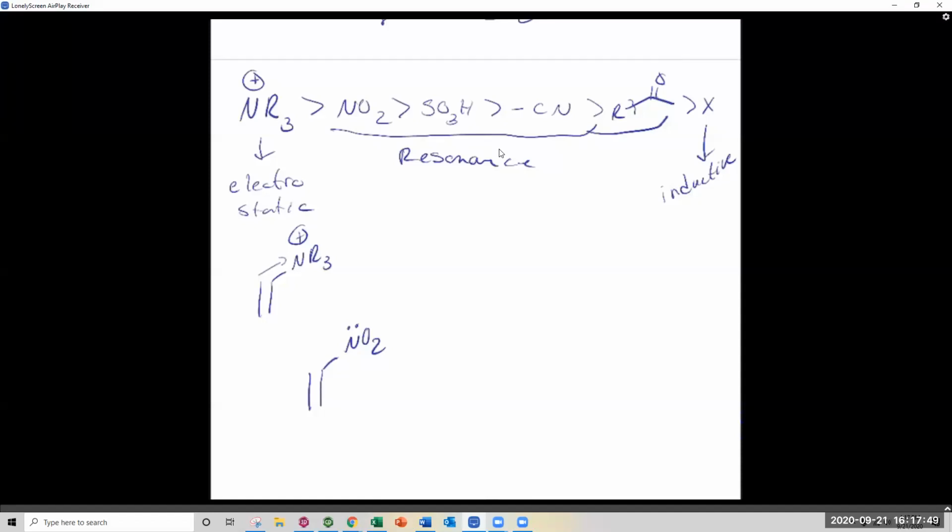The only thing I can see is I can go this direction. And that's not correct, because you have to actually draw out the entire structure of the nitro group to see how to resonate here.